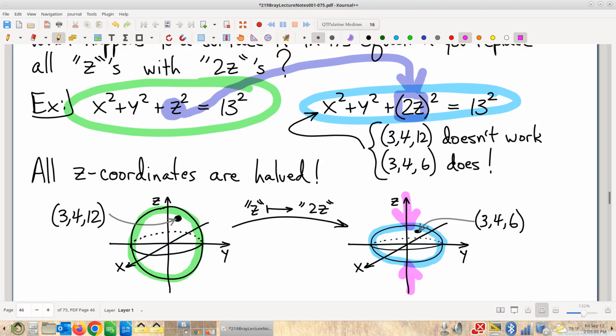It's a nice little punchline, by the way, and again, a category of questions that mathematicians really like. Hey, what's the relationship between algebra and geometry, and in this case, between this little algebraic tweak and the resulting corresponding geometric tweak? And this is a nice, crisp answer. Whatever you do to a variable in the equation, kind of the opposite happens to the geometric figure.